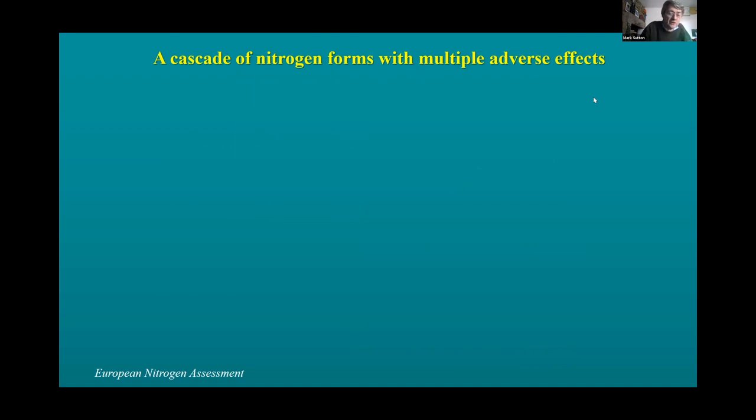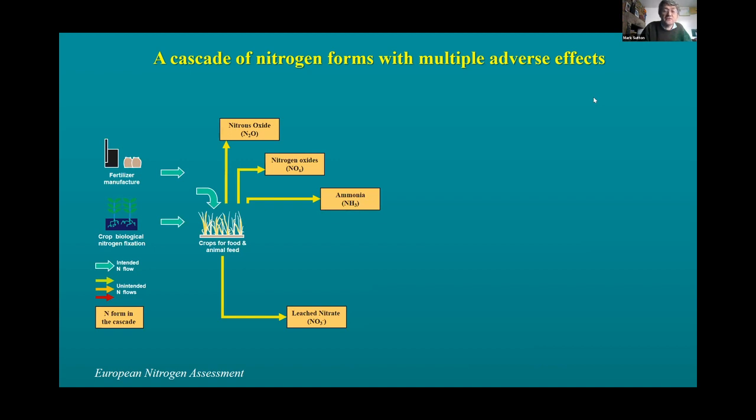Onto the cascade, and we talk about a nitrogen cascade that links these different inputs. So let's start with the fertilizer manufacture and the crop biological nitrogen fixation to grow crops. And these are the different gases and pollutants coming out of the system. But I want to emphasize very clearly the livestock farming part.